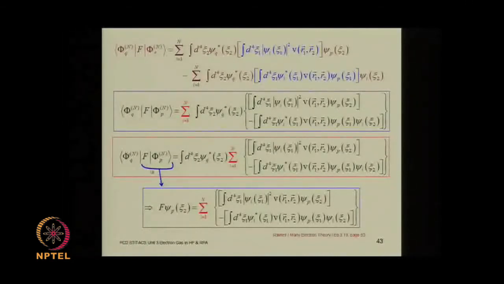So, this is just the Dirac notation, this is the corresponding de Broglie Schrodinger full integral expression, and if you compare this with the Dirac notation on the left side, you immediately recognize that the result of the operation by the operator f on phi p is given by the summation over I going from 1 through n and this term in the beautiful bracket. So, it is just an immediate translation from the Dirac notation to the integration notation. Clear enough?